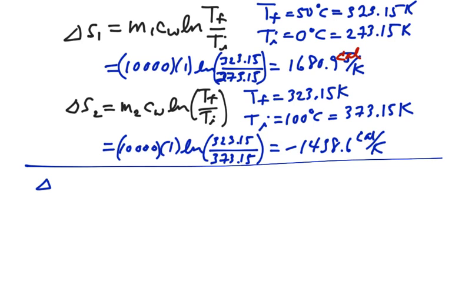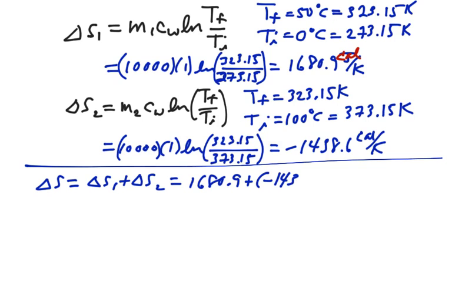Our total change in entropy for this process of mixing will be the sum of these two entropies. So that's going to be equal to 1680.9 plus a negative 1438.6, giving us a total of 242.3 calories per Kelvin.